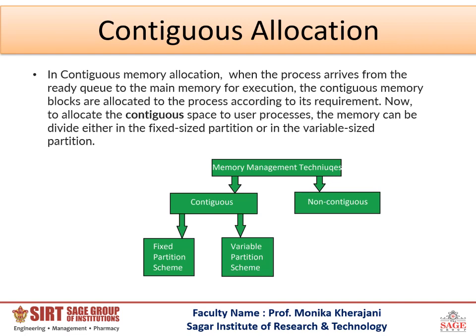To allocate contiguous space to a user process, the memory can be divided into either fixed size partitions or variable size partitions. Contiguous allocation is again divided into two categories: fixed partition scheme and variable partition scheme.